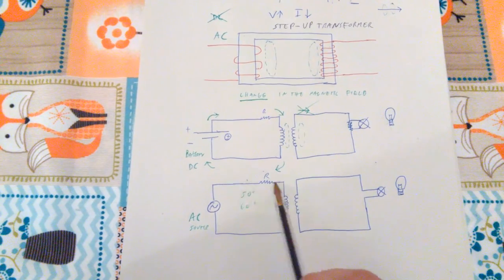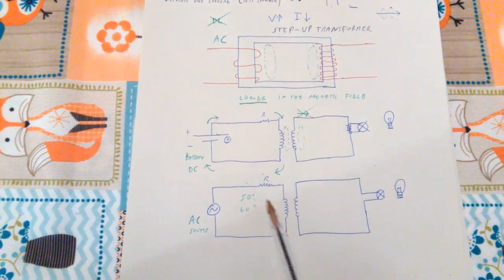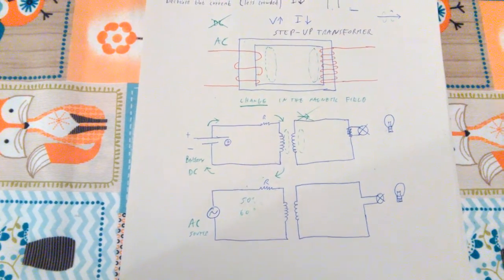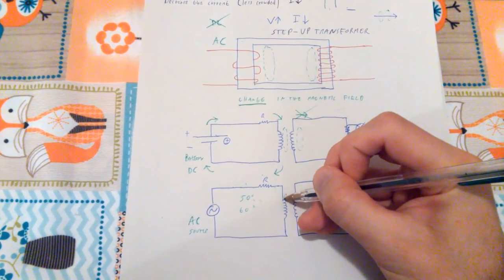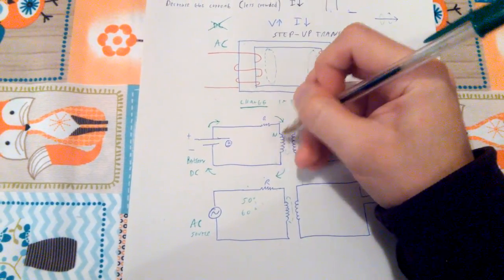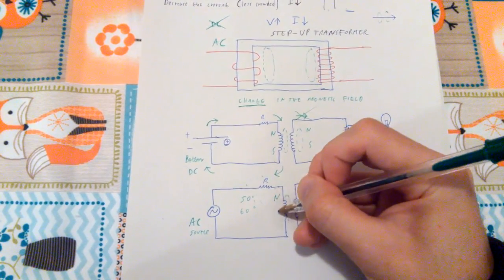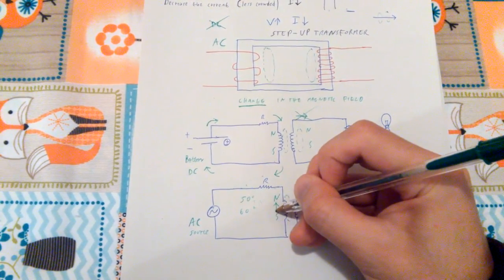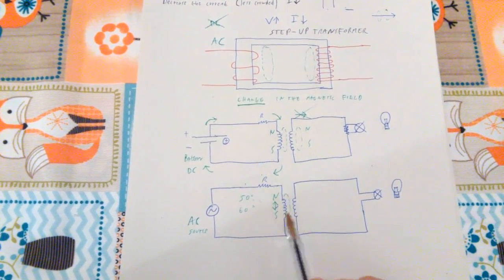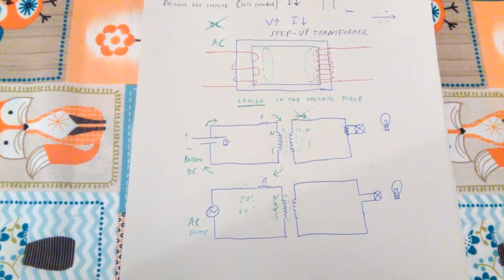So it's going to change direction 50 or 60, depending on where you live, times per second. Therefore, the magnetic field that is going to be generated, while here was north and south, here it's going to change 50 or 60 times per second.